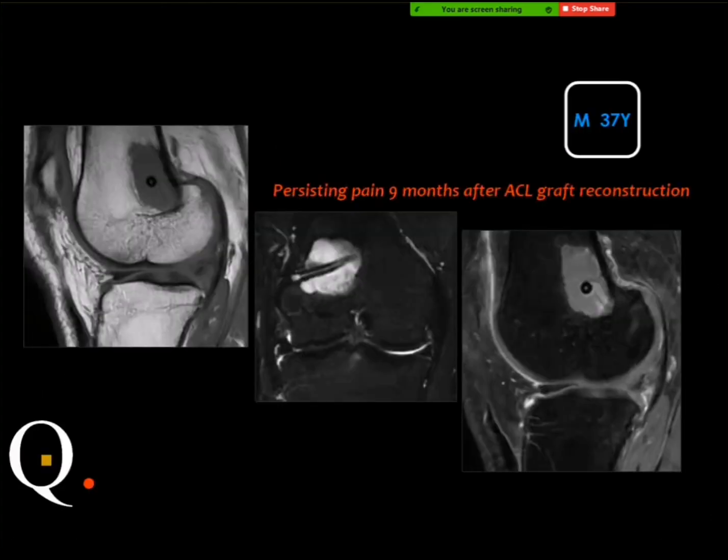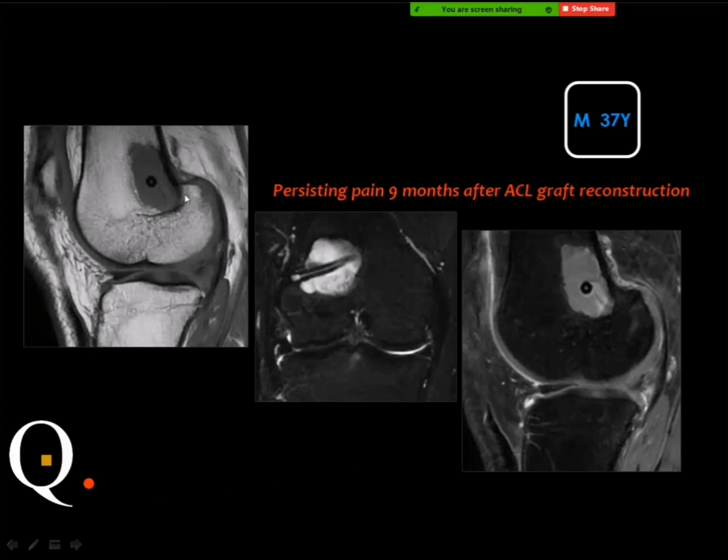Then this patient had an ACL graft reconstruction, and he has had persistent pain for 9 months. Doctor, is the lesion around the screw or is this normal?